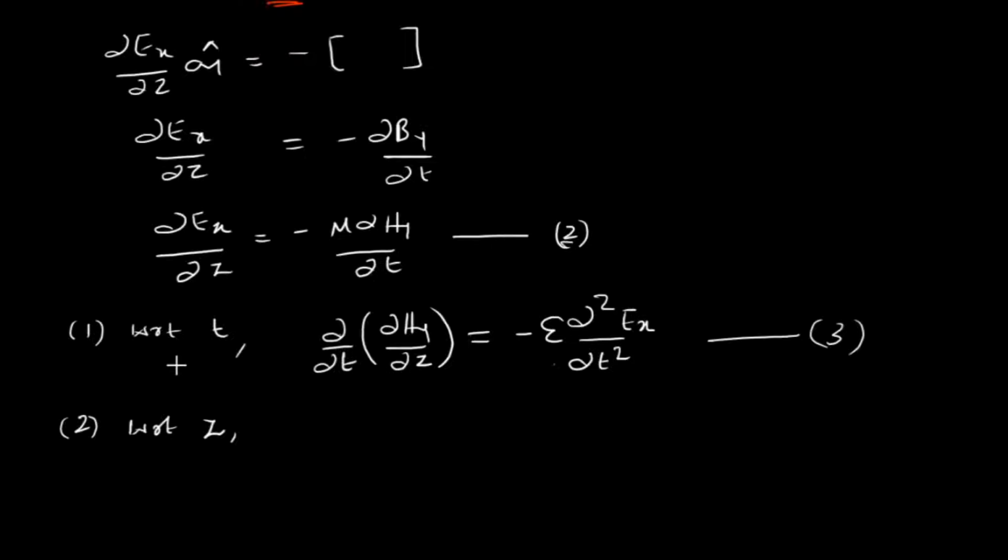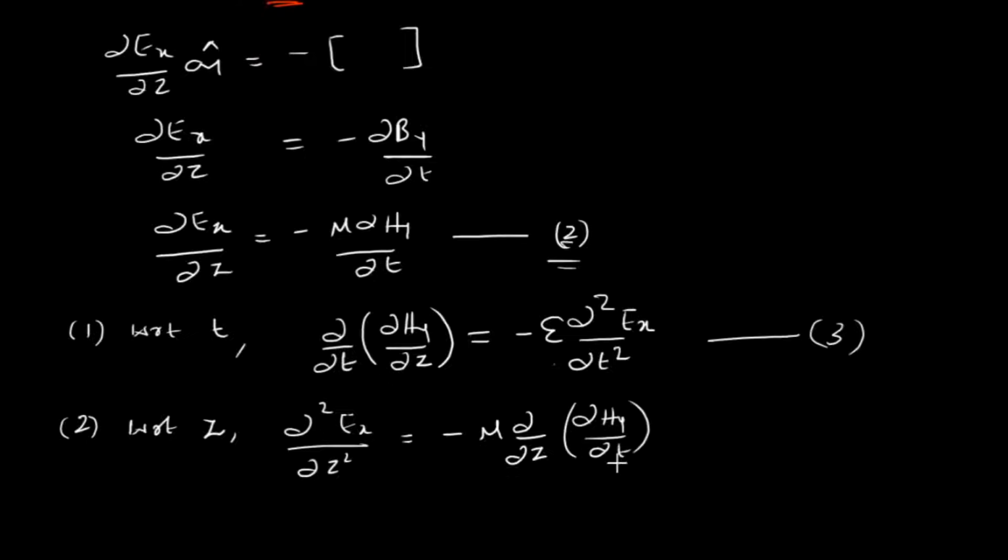Now partially differentiating equation number 2 with respect to z, what do I get? I will get the double differential of Ex with respect to z, which is equal to minus mu del by del z of del Hy by del t. I am partially differentiating equation number 2 again, so I will just rearrange things.